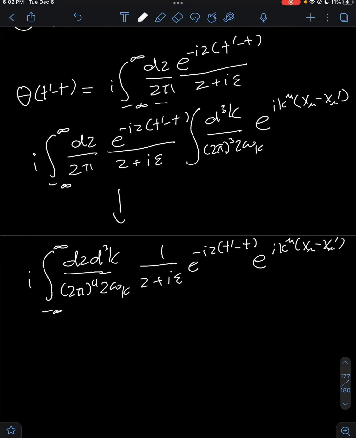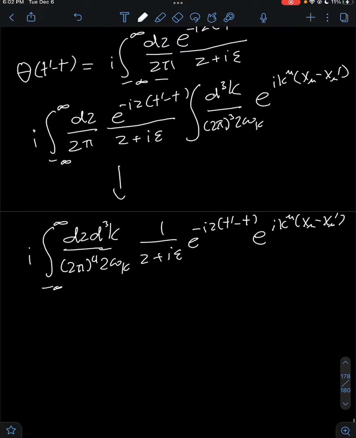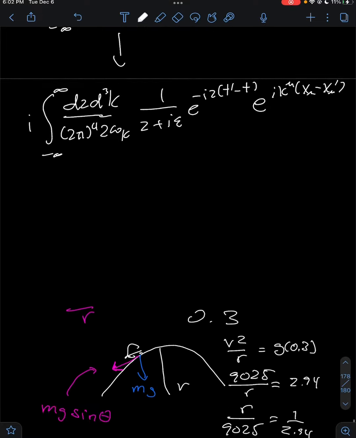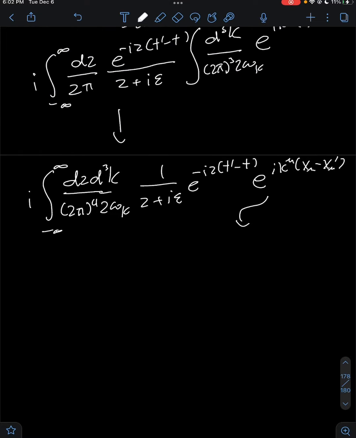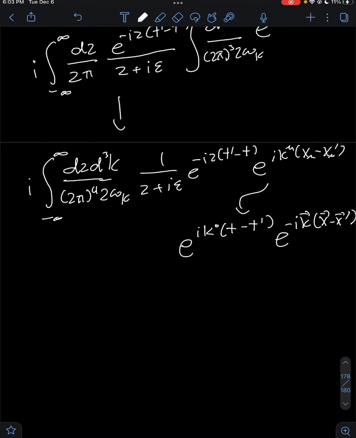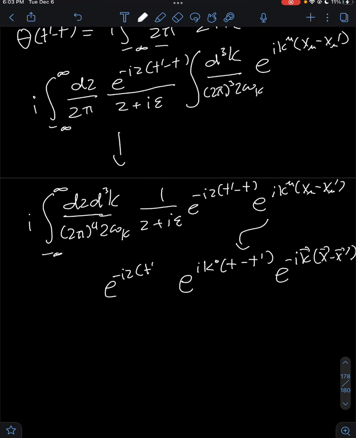Okay, so what to do now? We're going to expand this out. This time we're going to have e to the i k naught (t minus t prime) times e to the minus i 3-vector k dot (x minus x prime), and then multiplying that by e to the minus i z (t prime minus t).